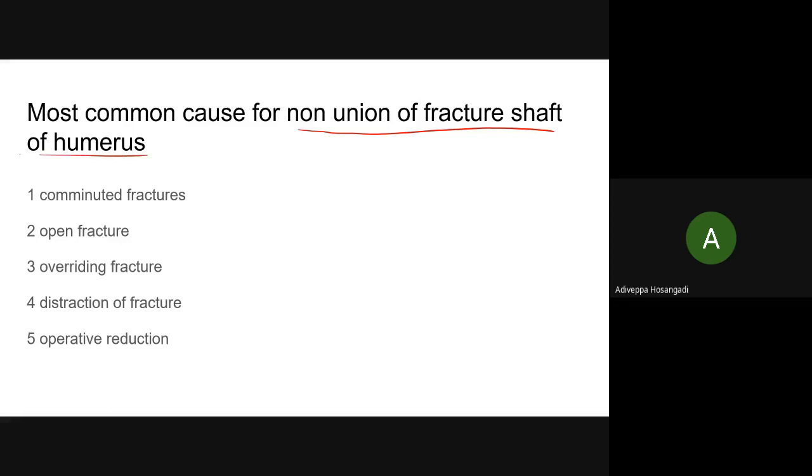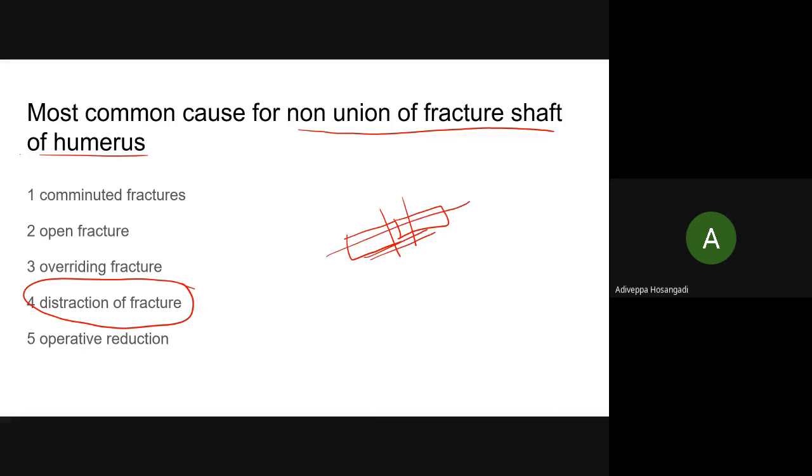So, the most common cause for non-union of the shaft of humerus? Very easy. For any fracture to heal, it has to be in alignment, and it should be compressed either by plating or by nailing.